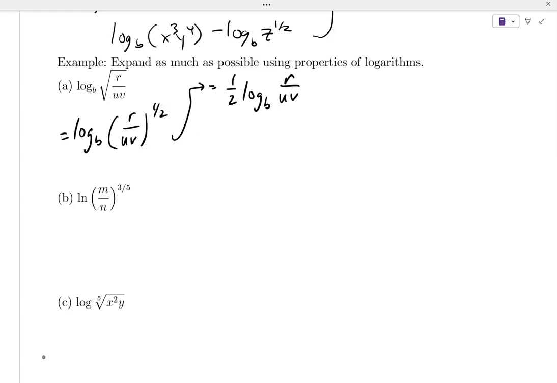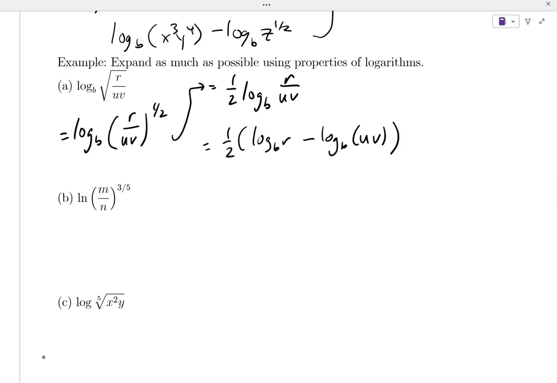That makes sense so far? Okay. What do we do next? Good. We've got r over u times v, so we can change it to a subtraction. You'd have log base b of r minus log base b of u times v.